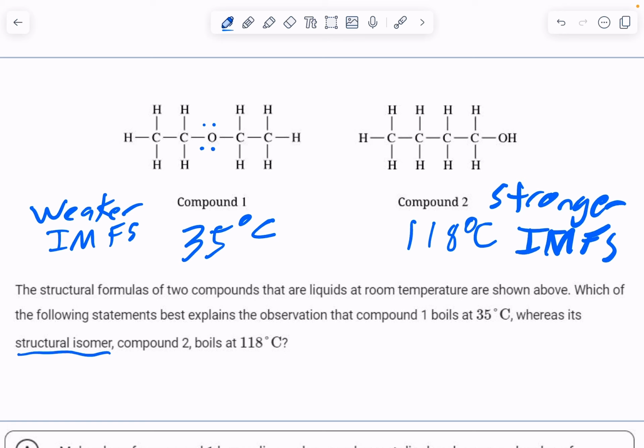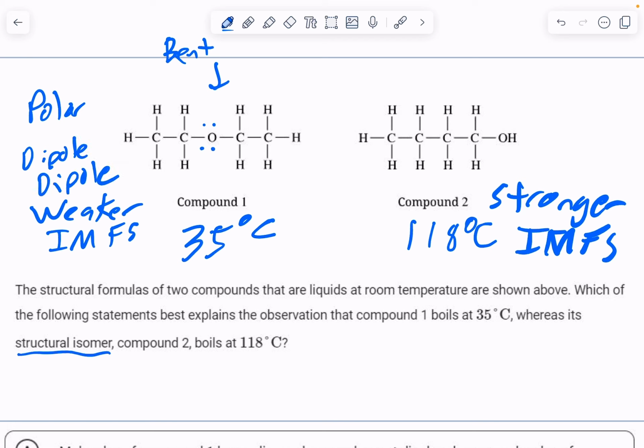And that's going to cause a bent shape at this oxygen, and therefore this is actually going to be a polar molecule. That may be hard to see at first, but that is how this molecule is going to look. This is a polar molecule, so it will have dipole-dipole forces.